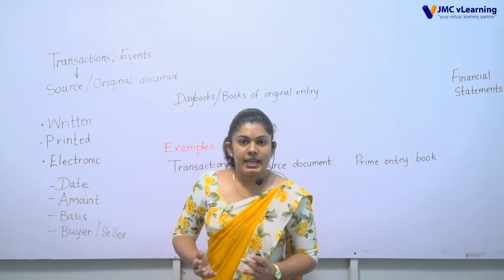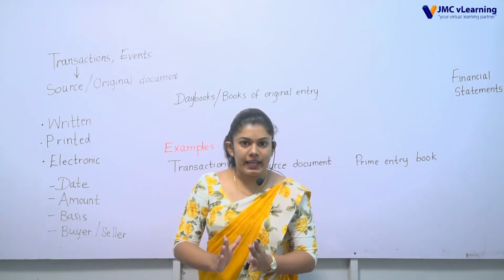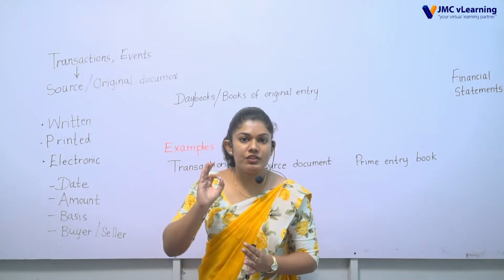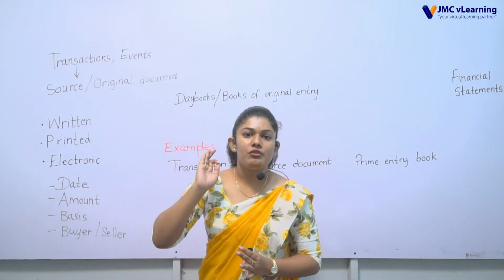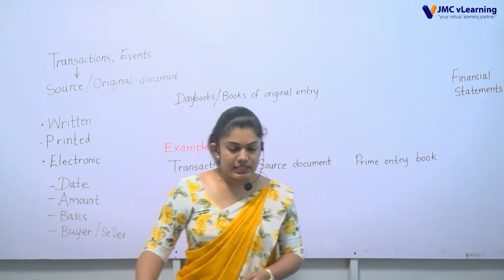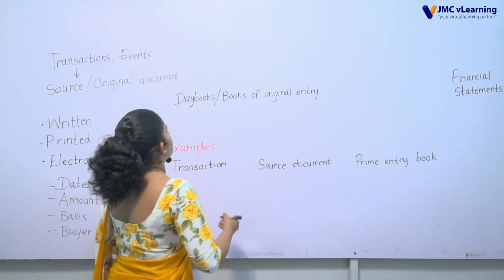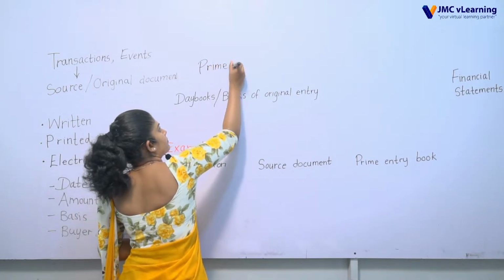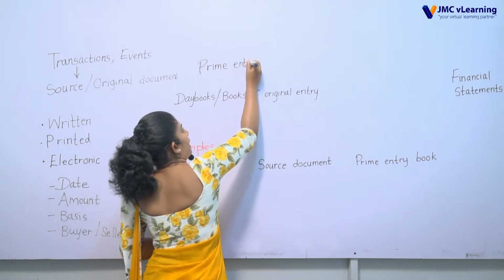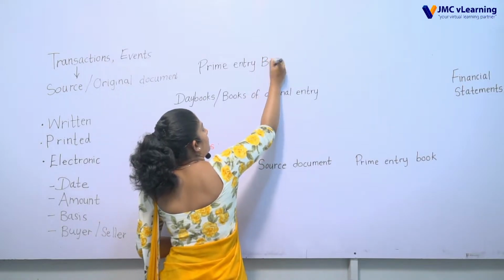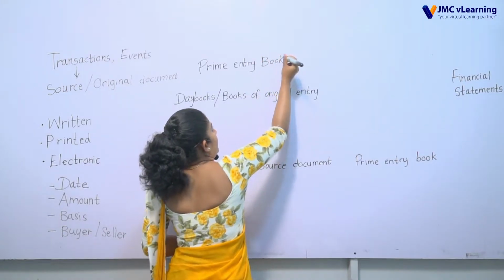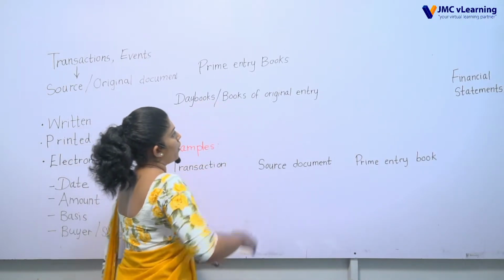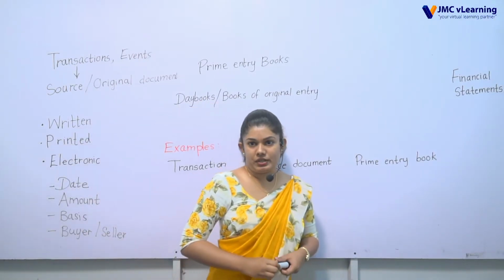This place is the first place we record these transaction information in our accounting system. So this place we call prime entry books. These prime entry books are also known as day books or books of original entry.